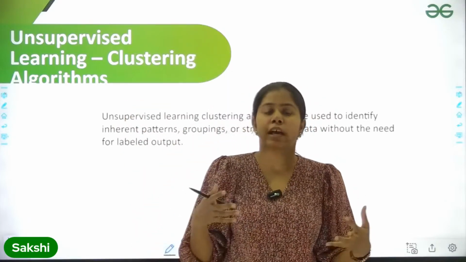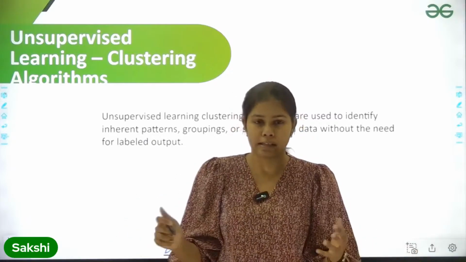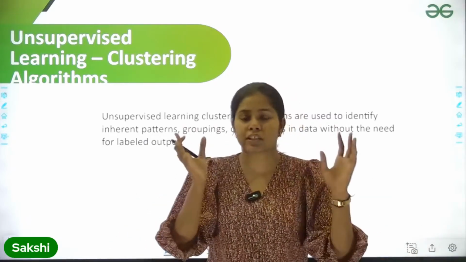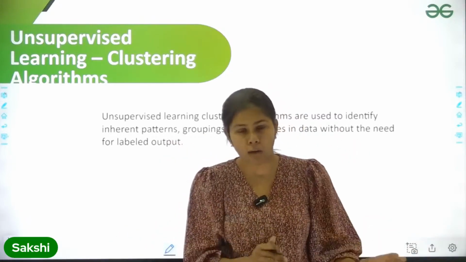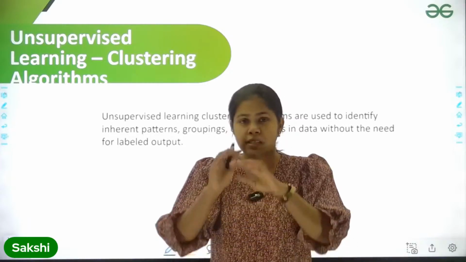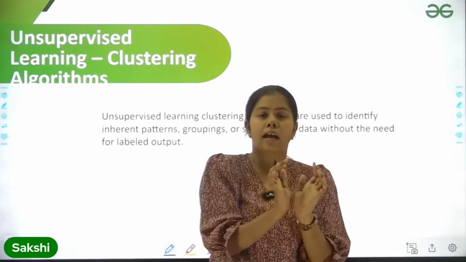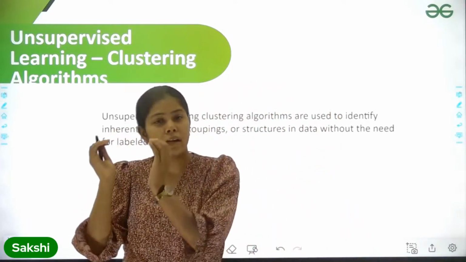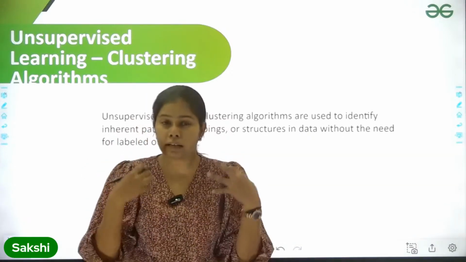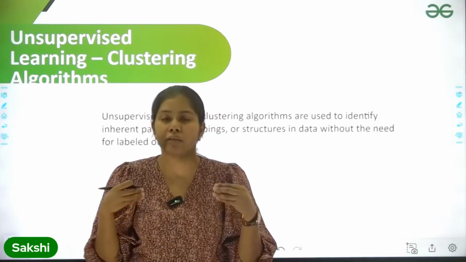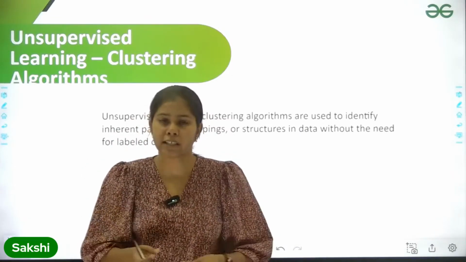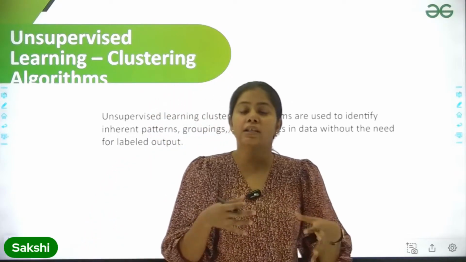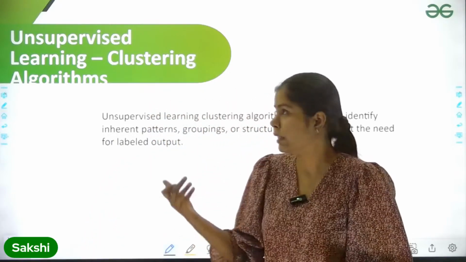Like, let's suppose we have some pictures of stars and circles. Now what would I do? Using the shape and how they appear, I'll form clusters, right? I'll form one cluster and another cluster, so that I'll know that they have the same properties. That's what we do in an unsupervised learning algorithm.